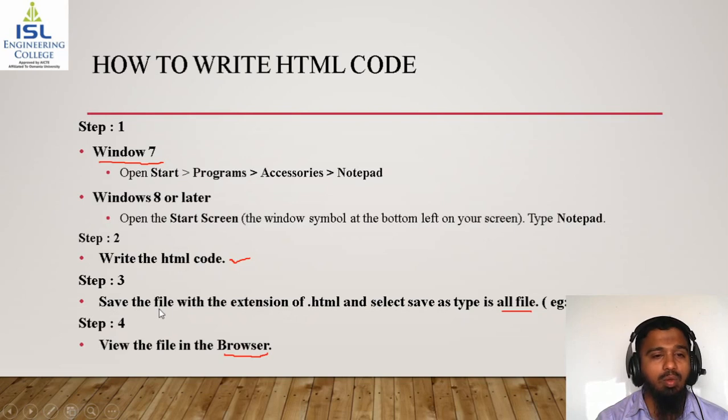After writing the HTML code you can save the file as .html and view the file in the browser. Why I showed you Notepad: whenever you install Windows 7 or Windows 8 or any Windows operating system, Notepad is available by default. When you install the operating system, Notepad is also installed on your computer.